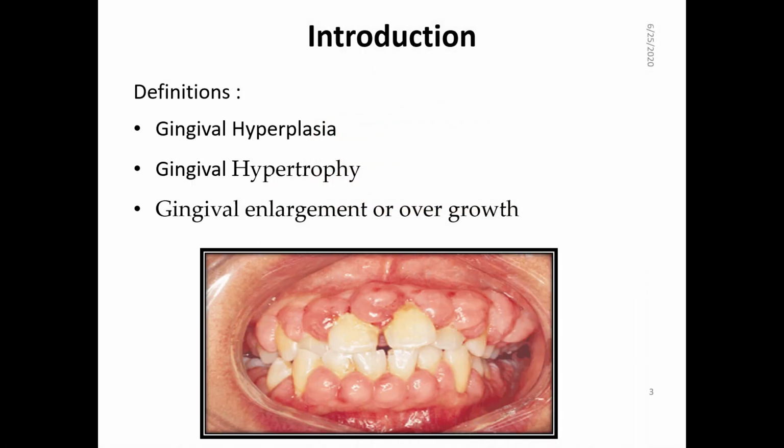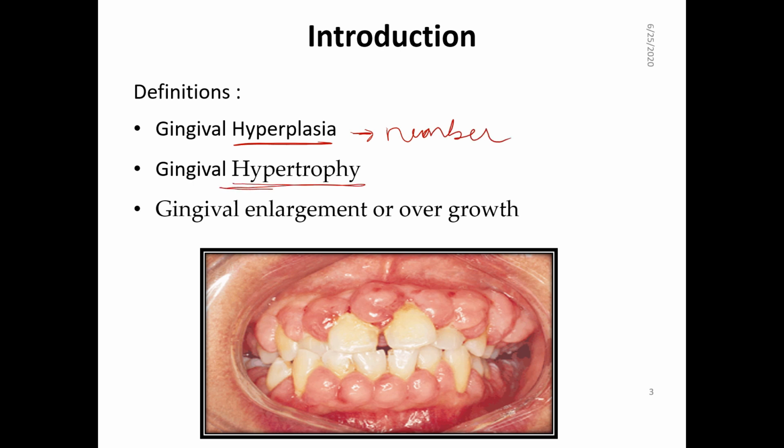Introduction. Let's get familiar with the definitions of different terms related to gingival enlargement. I always believe that if you go with the terminologies, you can extract the definition out of them. So here is hyperplasia: there is an increase in the number of cells which leads to the growth of an organ.